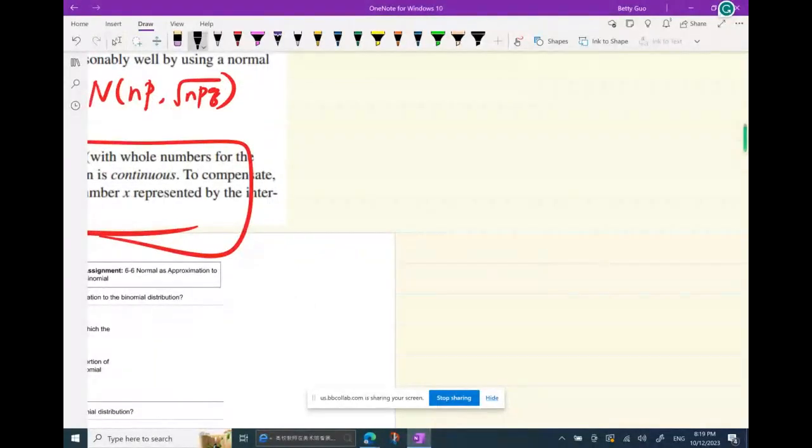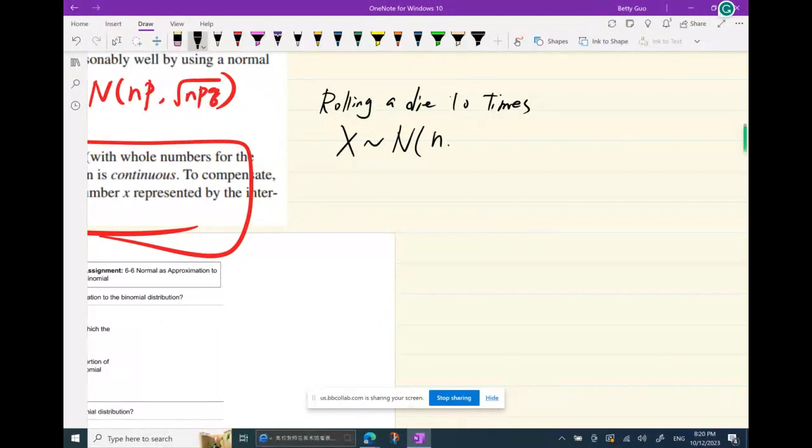Remember the beginning today? Roll a die 10 times, and x is the number of successes. So x is binomially distributed. All the possible values for x are 0, 1, 2, 3, all the way to 10, right?